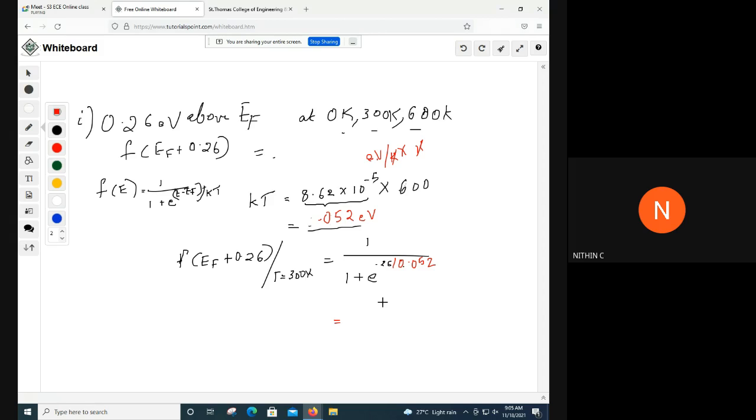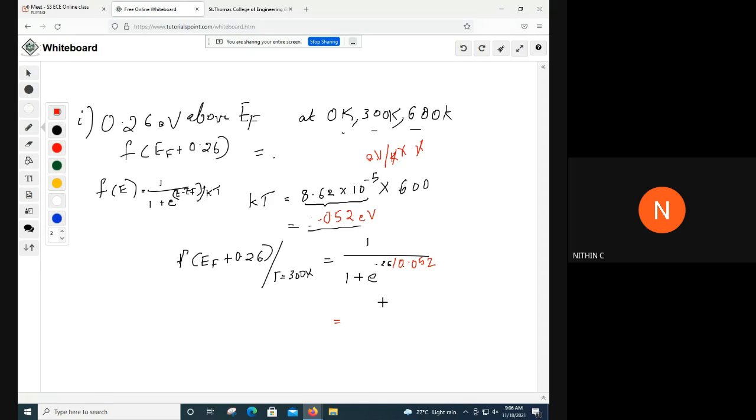One second. What was one's answer? 0.26. Yes. 6.5 into 10 raised to minus 3, approximately 6.6 into 10 raised to minus 3 will be the answer. 6.6 into 10 raised to minus 3.